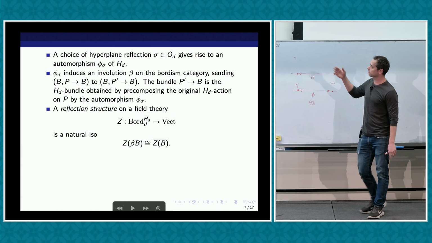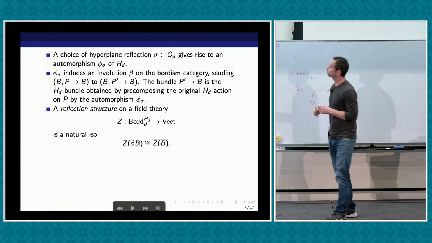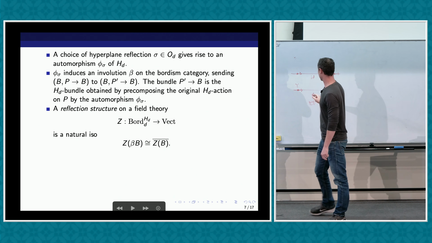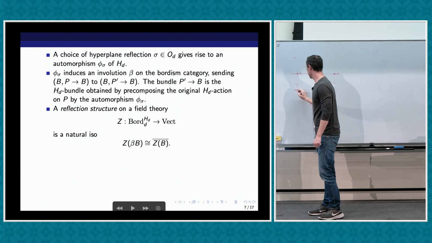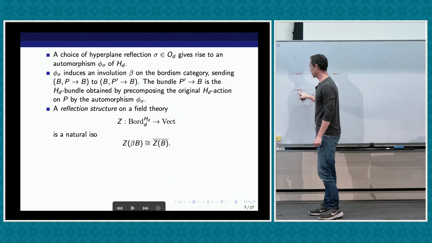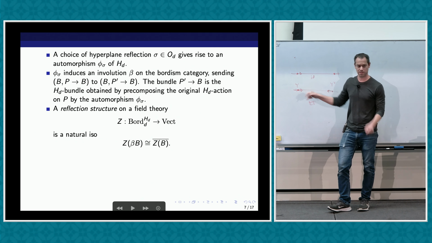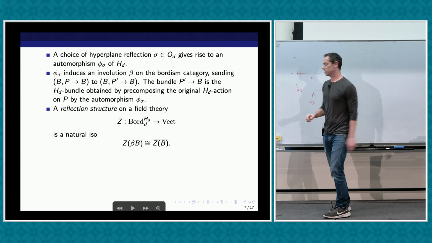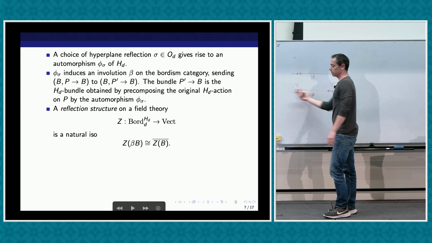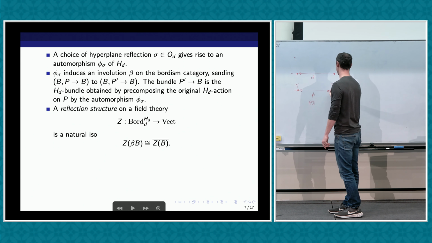If you take your principal bundle, so here, maybe I should also say that the bordism itself is not really just a point, but rather a small germ of this point inside the ambient one-manifold here, and the same on this side.